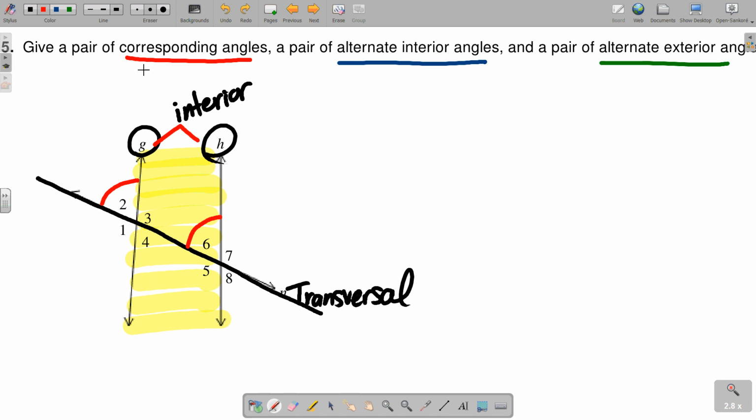So corresponding angles would be angles 2 and 6. Another pair would be angles 1 and 5. Another pair would be 3 and 7. And another pair would be 4 and 8. One's in, one's out, same side of the transversal.